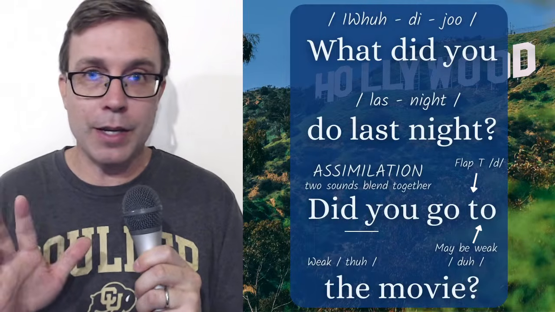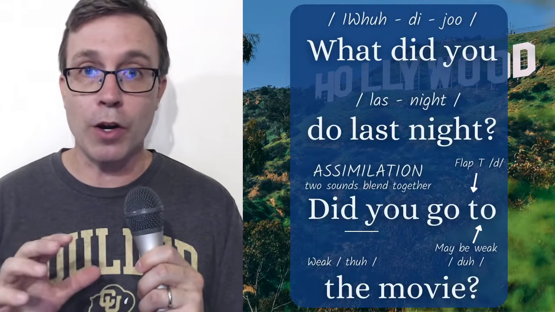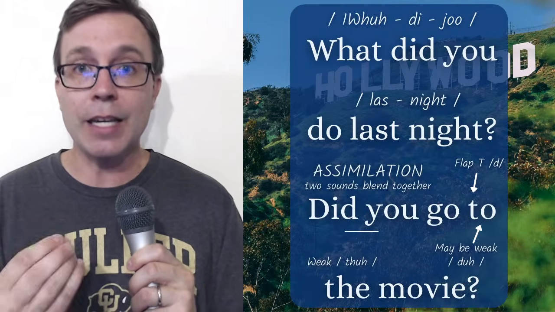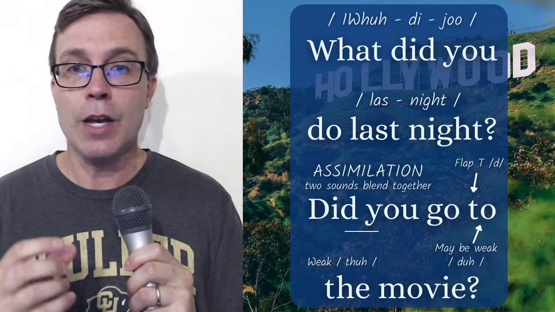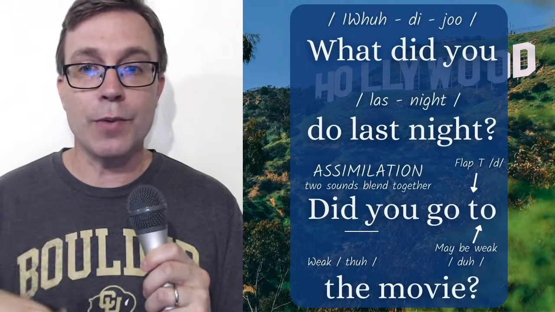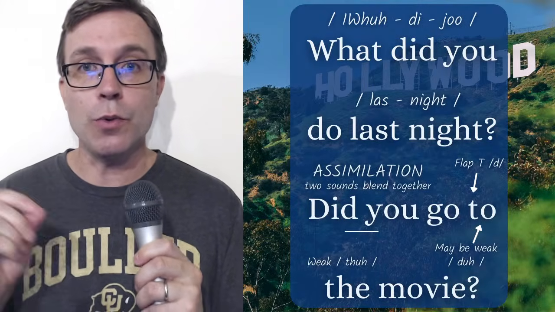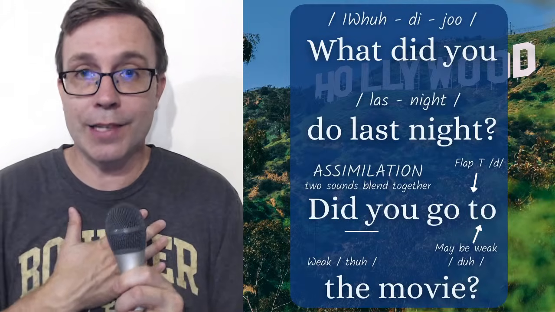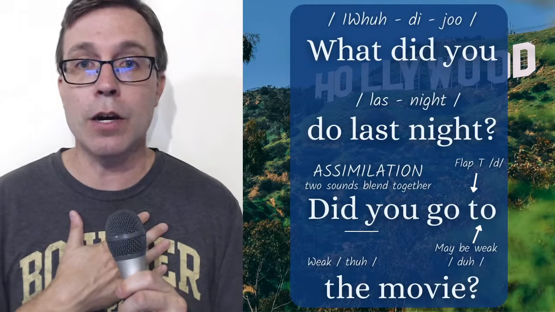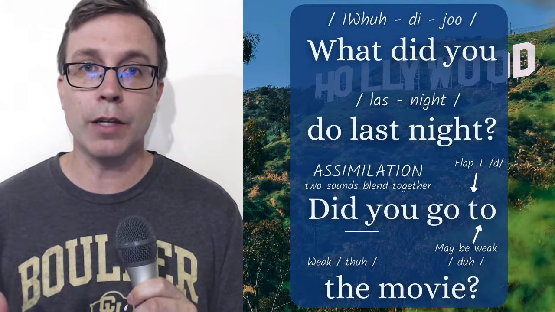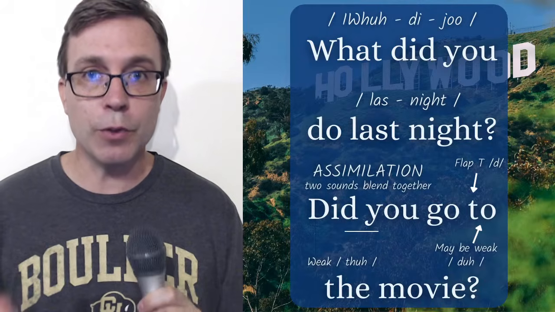Even though "go" is a separate word, it still ends with a vowel sound, and then that T comes between the two vowel sounds, so it's going to sound more like a soft D. So that whole phrase: go to the, go to the. When I say it with my accent, hopefully you can hear that soft D. Go to the movie.